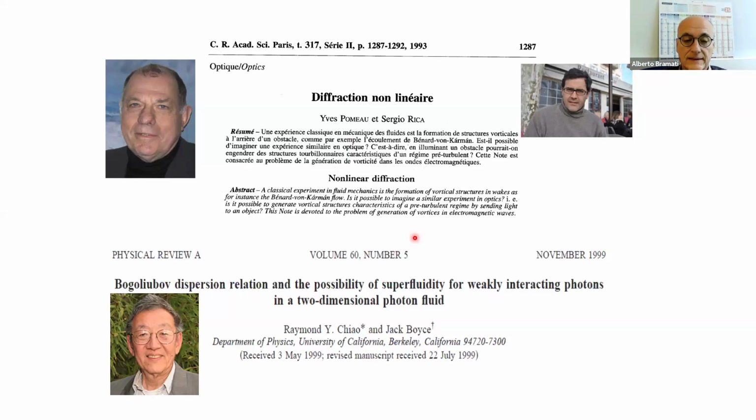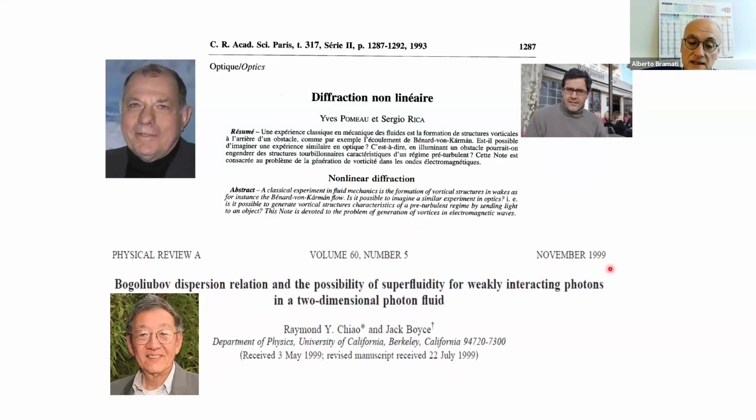And some years later, in 1999, there was this proposal by Raymond Chiao and co-workers, in which they proposed to observe Bogoliubov dispersion and superfluidity in weakly interacting photons in a two-dimensional photon fluid.